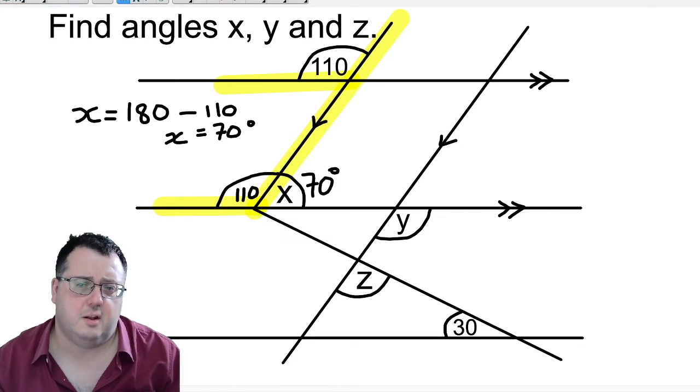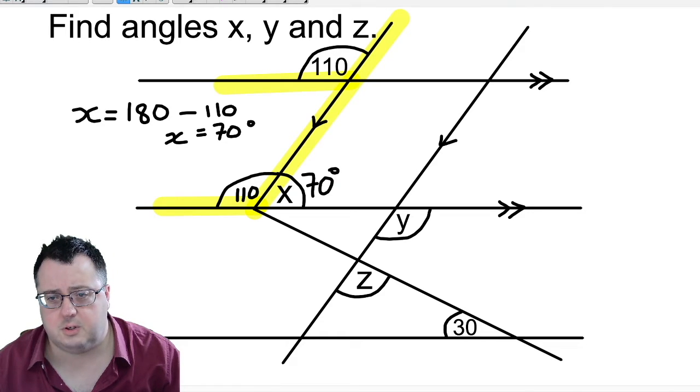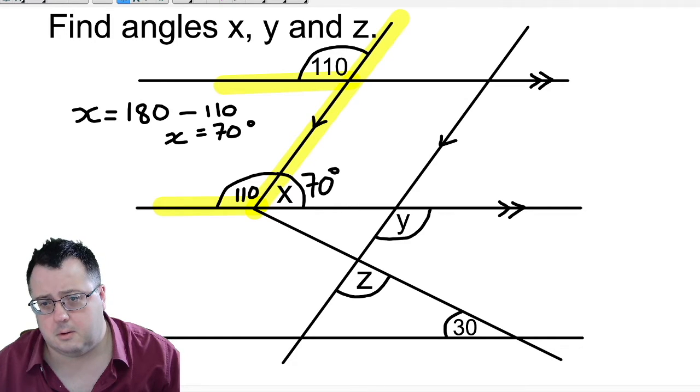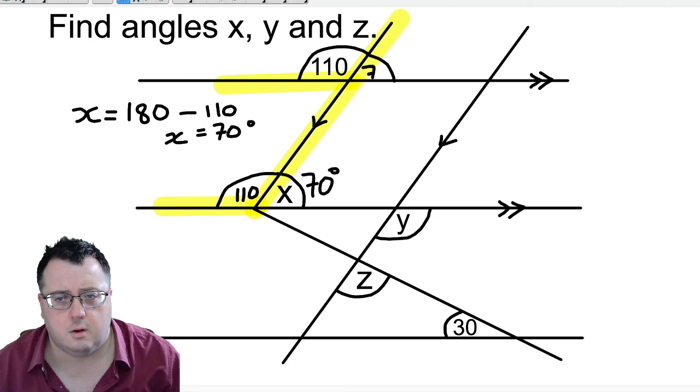Okay, that makes things a little bit more straightforward here. This is also going to be 70 because it corresponds with x.